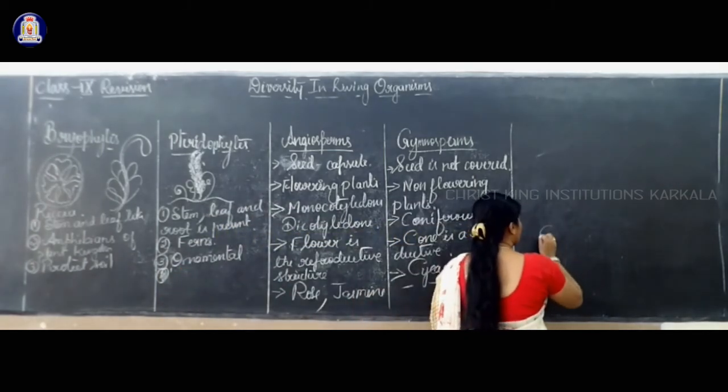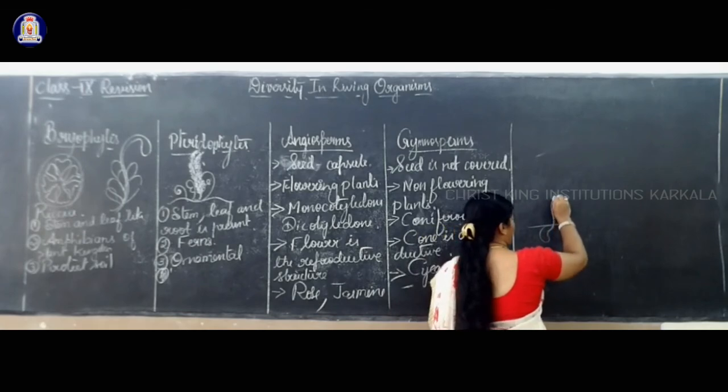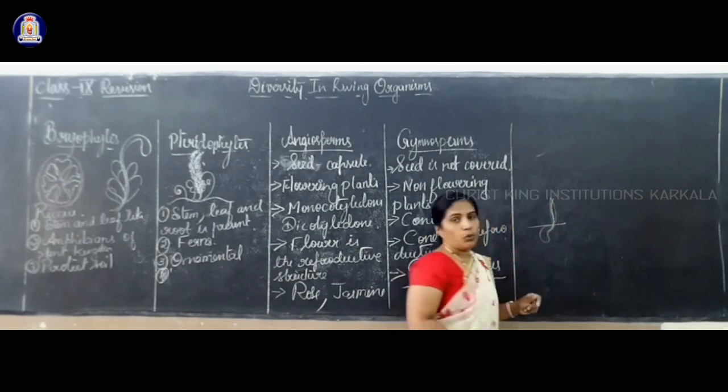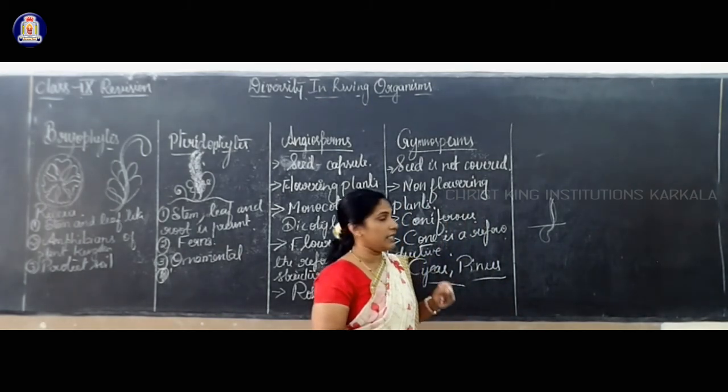For example, think this is a paddy. When you sow the seed under the ground, there will be a single cotyledon. That's why they are called monocotyledon, single cotyledon, first seed leaf.